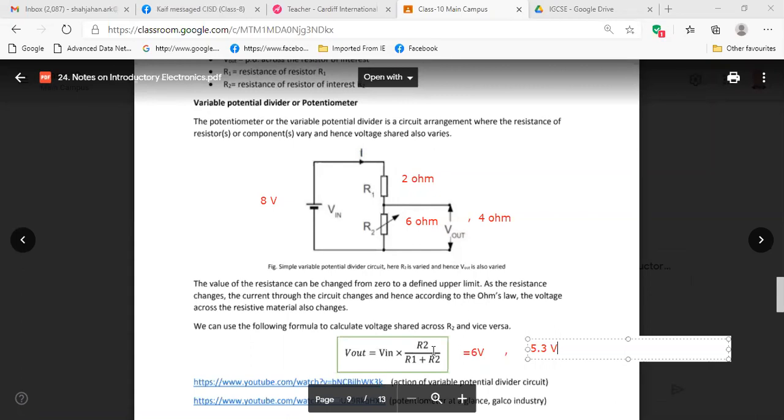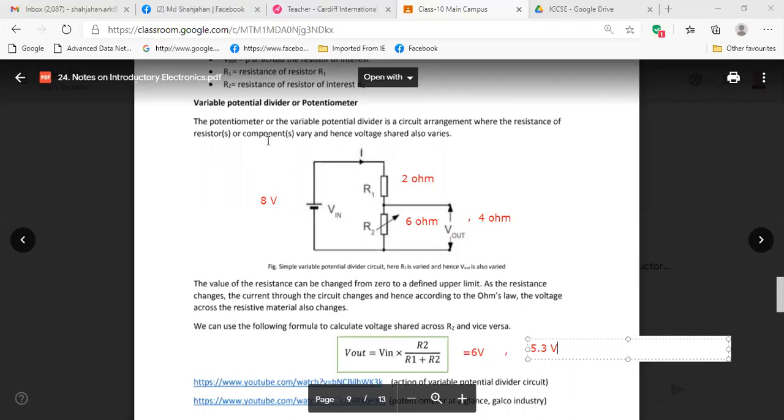We'll have to change it. How will you change? Instead of R2 in the numerator, write R1. Just replace R2 with R1. That's it. Is it clear now? So this way you will get some numerical questions in both MCQ and structured.